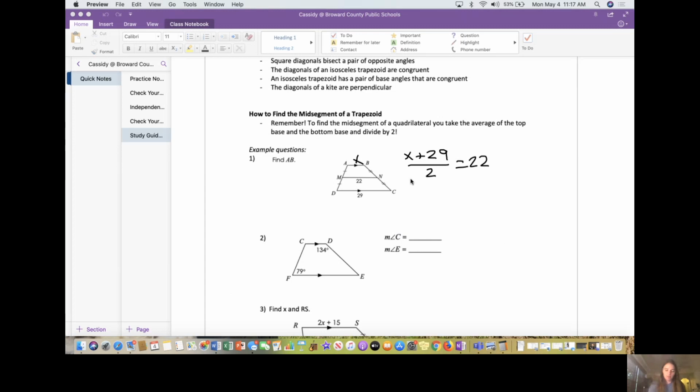So we are going to divide by 2 on both sides. Or no, sorry, we're going to multiply by 2 on both sides.